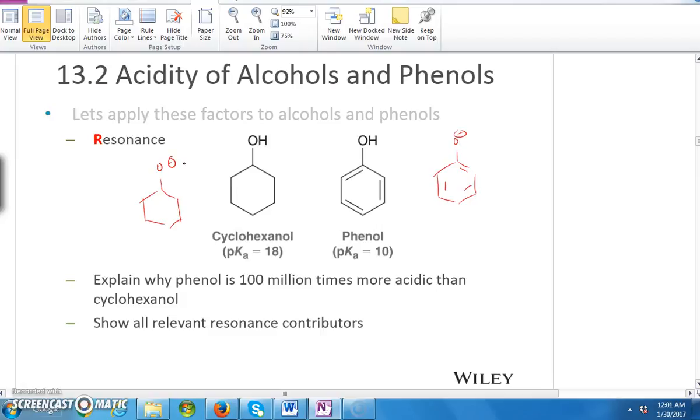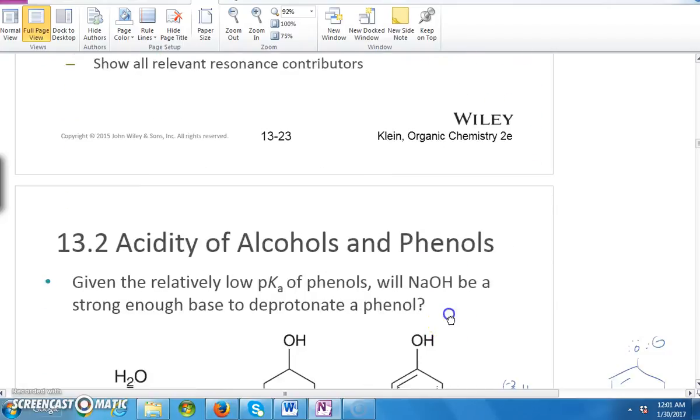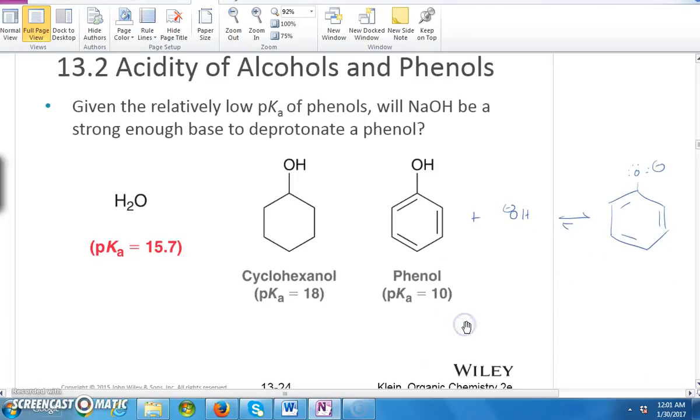And that gives significant stability to the conjugate base, the phenoxide, making it 100 million times more acidic than cyclohexanol. So, given the relatively low pKa of phenols, will sodium hydroxide be a strong enough base to deprotonate the phenol?